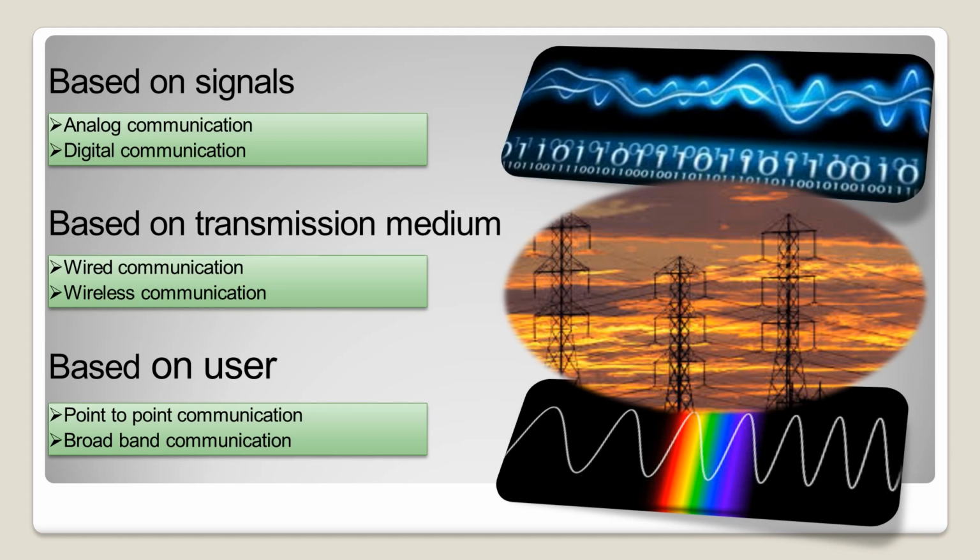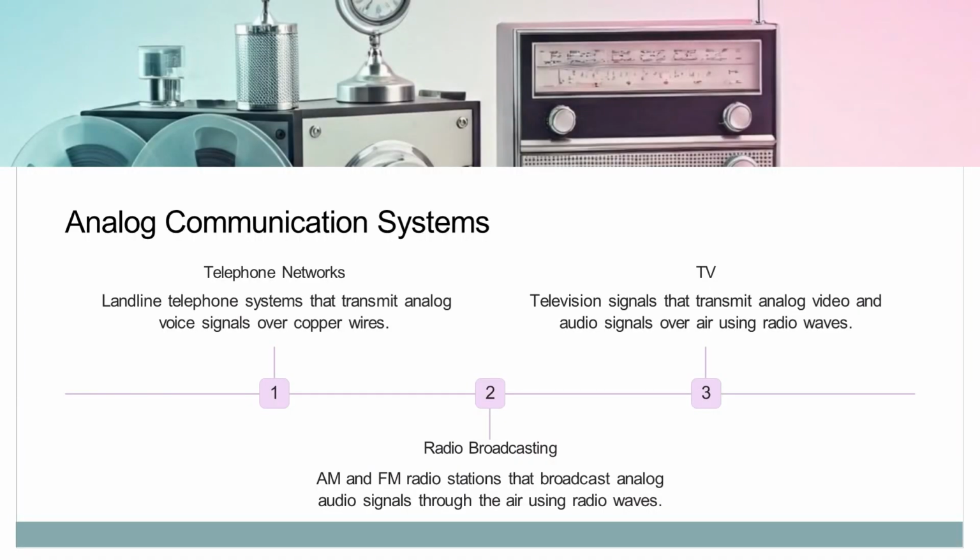Next, based on transmission medium or channel, we can classify into two types, wired communication and wireless communication systems. And one more type is based on the user, or the one who consumes the information. Based on that, we can categorize the electronic system into two types, point-to-point communication and broadband communication. So let us go through all these types in detail by taking some examples.